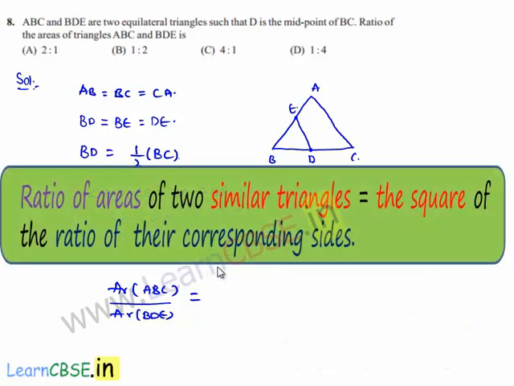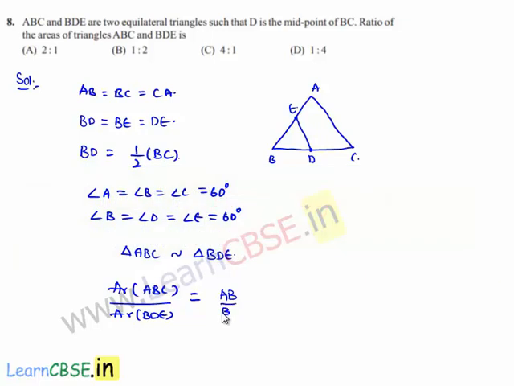We know that when two triangles are similar, then the ratio of area of both the triangles will be equal to the ratio of square of the corresponding sides, that is here corresponding sides are AB by BD whole square, that is equal to AB is nothing but BC divided by BD, we know that half BC whole square, that is equal to, by interchanging, BC will be cancelled and 2 will be going to 2 square, that is equal to 4.